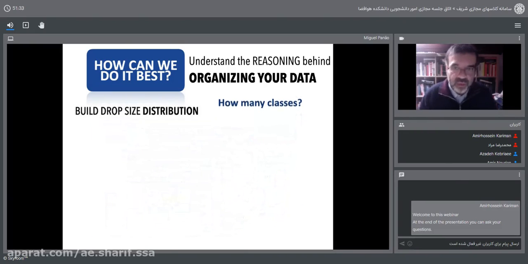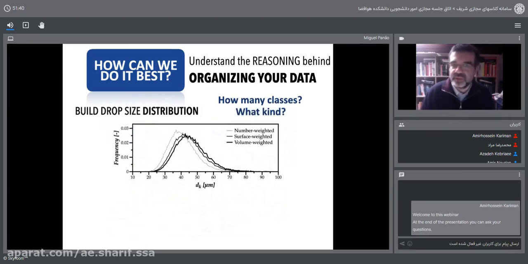The second question would be, okay, but what kind of distribution am I going to represent when I'm analyzing my data? And here we usually have 3 different options. The first one is that you take the counts of droplets in each bin and you divide by the total number of droplets. So this will give you a number-weighted drop size distribution.